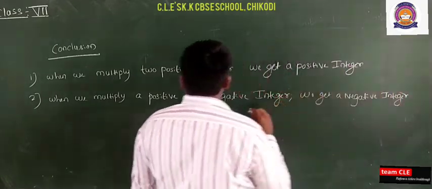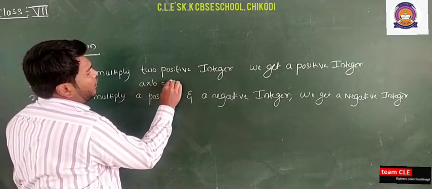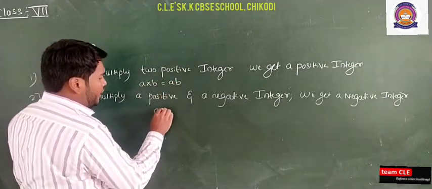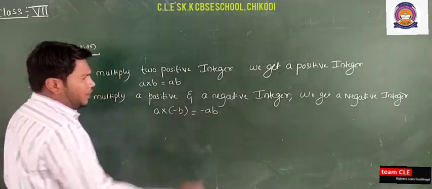That is, you can write this as a into b, which is equal to ab. And a into minus b, which is equal to minus ab.